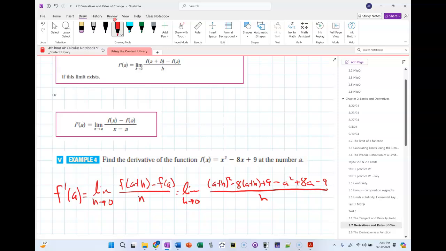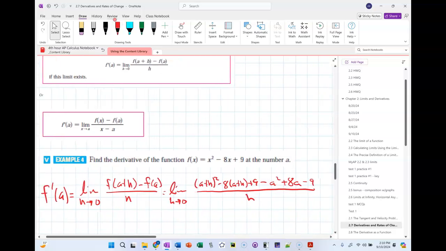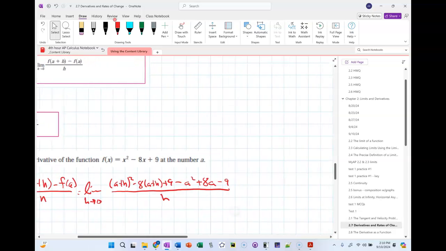You notice I distributed the negative sign through the a squared minus 8a plus 9, right? Very easy to forget to do that. If you don't understand where something came from, please speak up. You're not alone. Again, if I try to do a direct substitution here, I'm going to end up with 0 over 0. So let's FOIL.